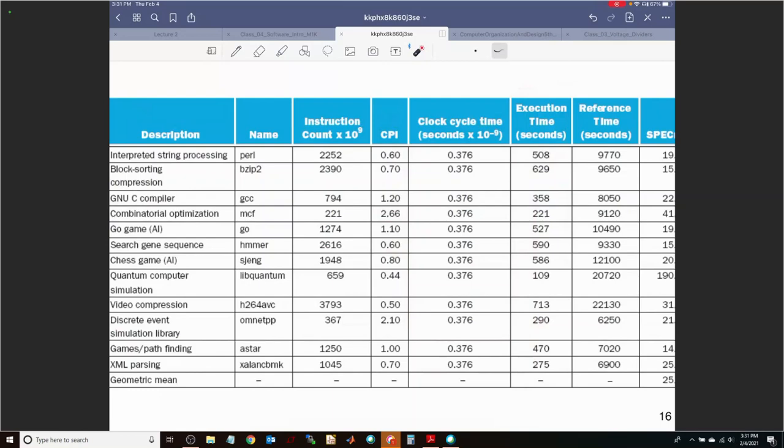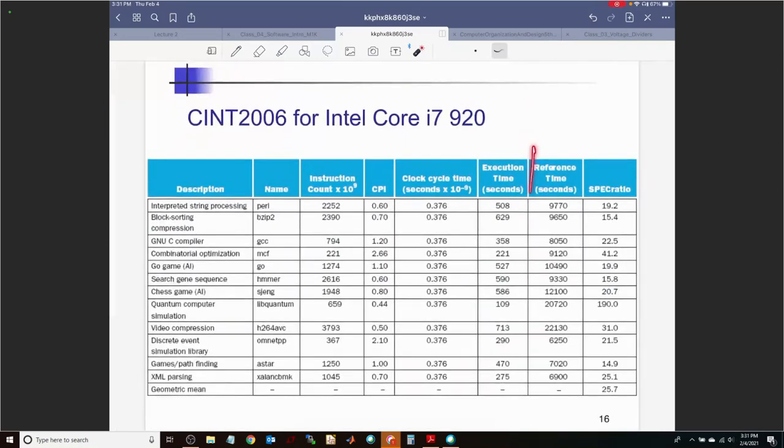Then you have a reference time. What is that? The reference time is essentially the time it took for that program to run on a reference machine. Of course, we are going to take a reliable but slightly poor reference computer. That's why your reference times are pretty high compared to the execution times.